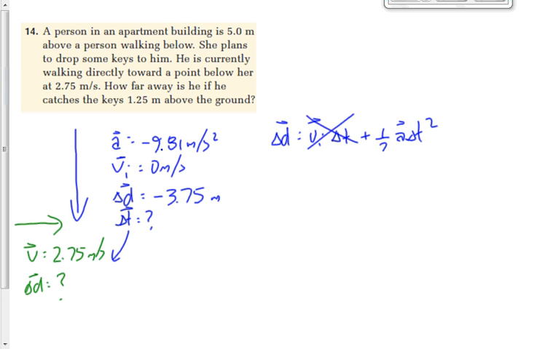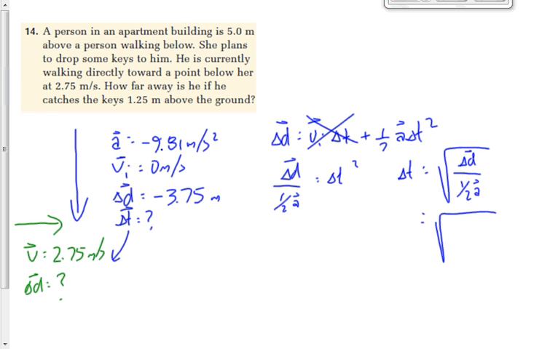This is 0. Let's rearrange this to solve for t. The 1/2 a goes down by dividing, and t becomes the square root of delta d over 1/2 a. So we're going to say the square root of negative 3.75 divided by 1/2 of negative 9.81.